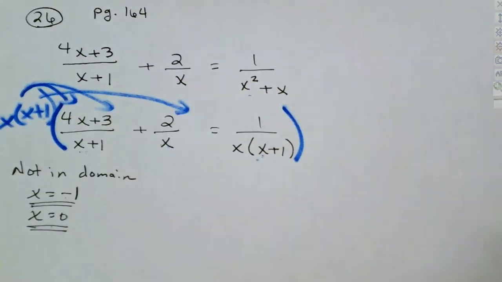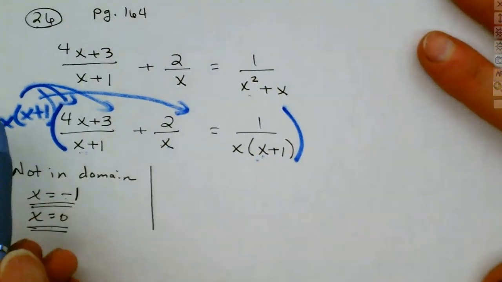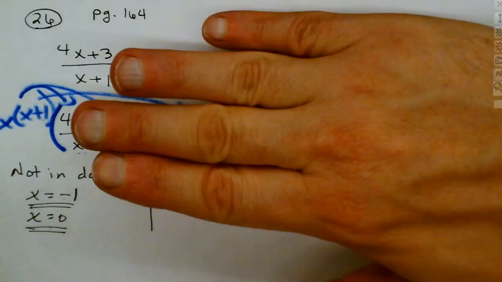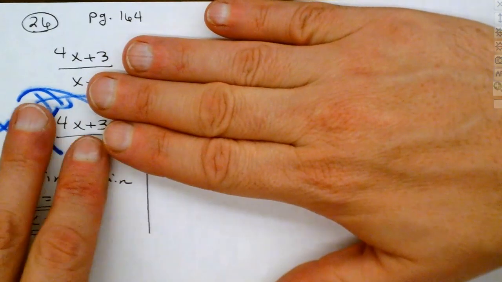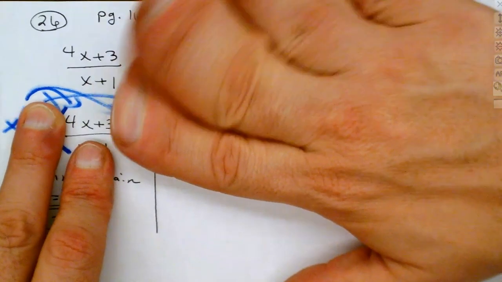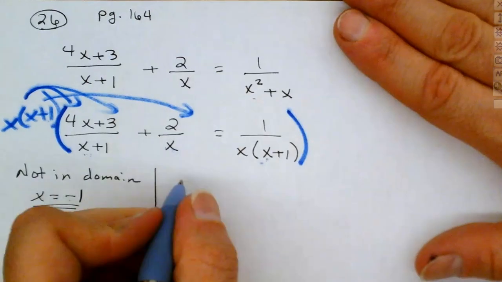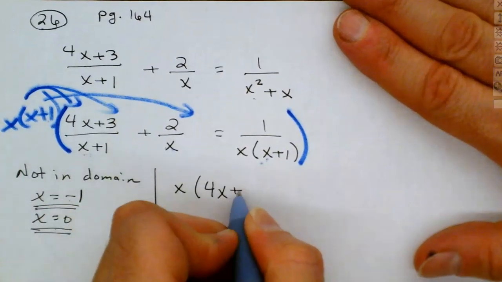So when we multiply through, what happens on our first piece? So let's look here and see what we have. Okay, the x plus 1 and x plus 1, those do what? Cancel out. So what's left over? Okay, we've got an x out in front, right? And we've got a 4x plus 3, right?